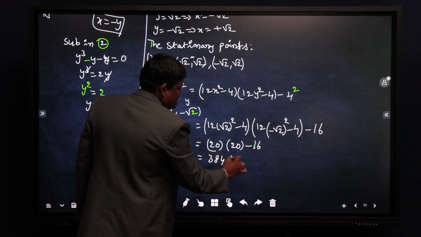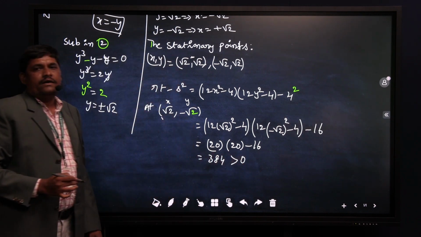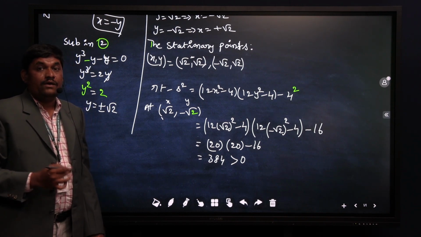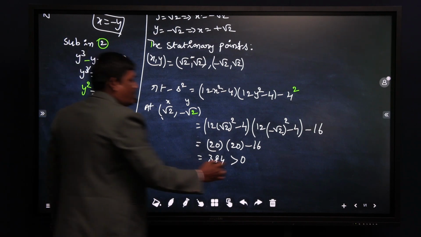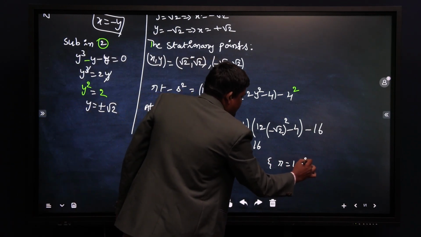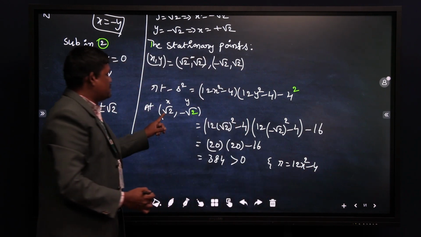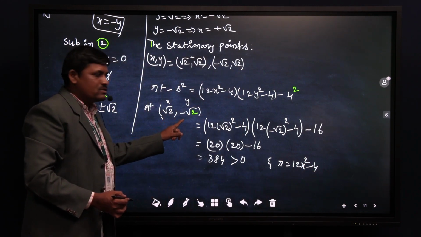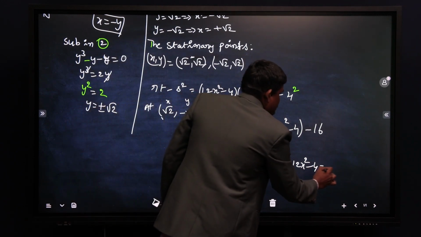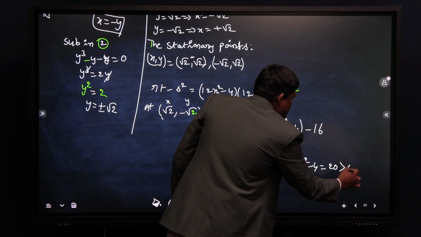we get 384, which is greater than 0. According to the third condition, if rt minus s square is greater than 0, then we have to think about the r value. What is the r value? We have r is equal to 12x square minus 4. In this you are going to substitute square root 2 comma minus square root 2. You are going to get 20 finally, which is greater than 0.